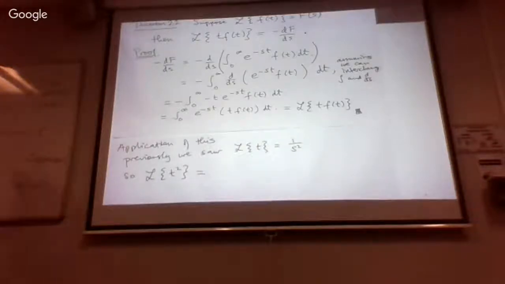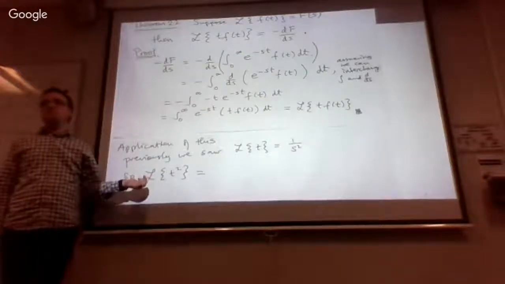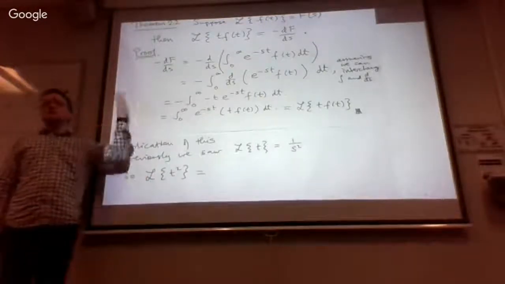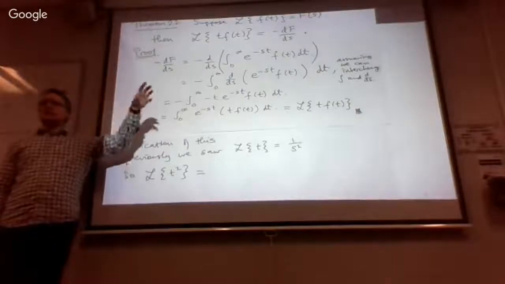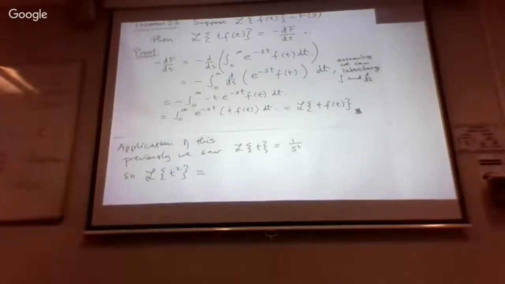Now we could, if we wanted to, just apply the definition of the Laplace transform, which is the integral from 0 to infinity of e to the minus st times t squared dt. Then we'd be faced with an integral of t squared times an exponential, where we could either look it up, or using more basic properties, carry it out using integration by parts.